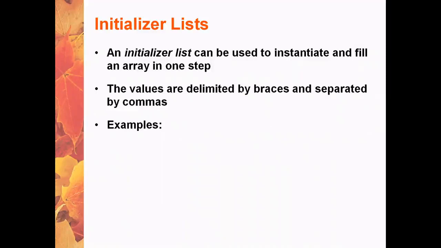Okay, next is the initializer list. An initializer list can be used to instantiate and fill an array in one step. That simply means we have seen only a declaration of an array, but if I want to store some values in the array at the time of declaration itself, that is called instantiating and filling an array in one step: declare an array and store some values into it.